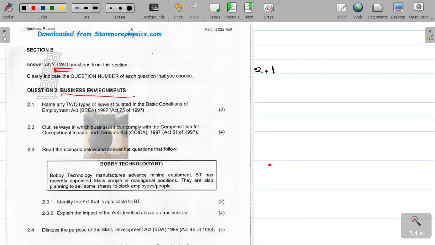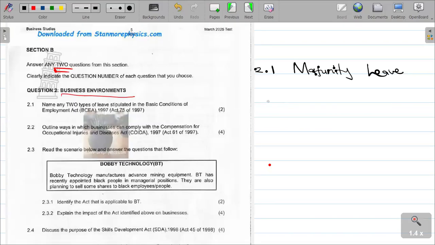2.1, name any two types of leave stipulated in the Basic Conditions of Employment Act of 1995. There is what you call maternity leave for those who are pregnant. When you are pregnant, they will give you at least 2 months before and 2 months after the birth.